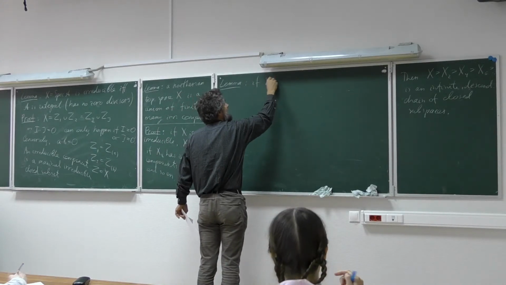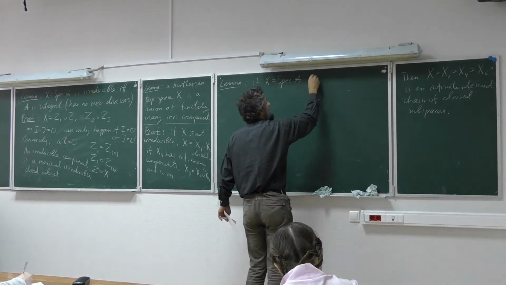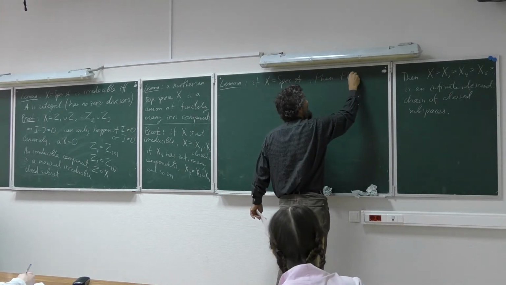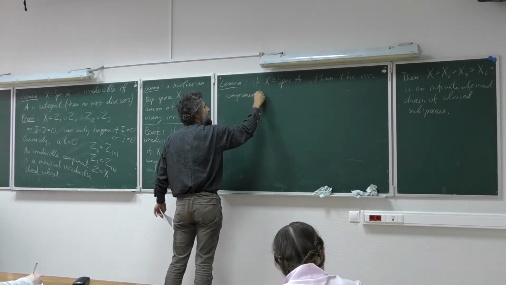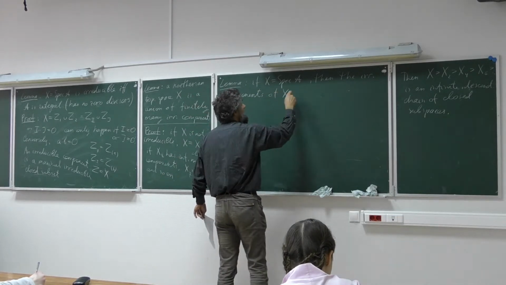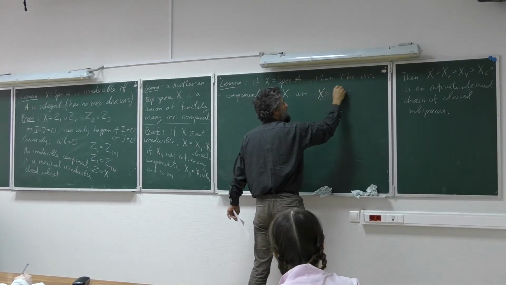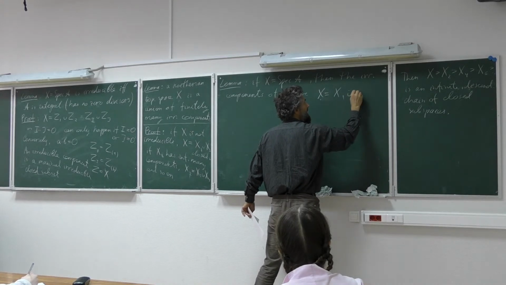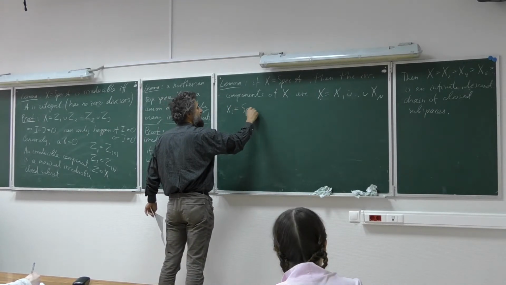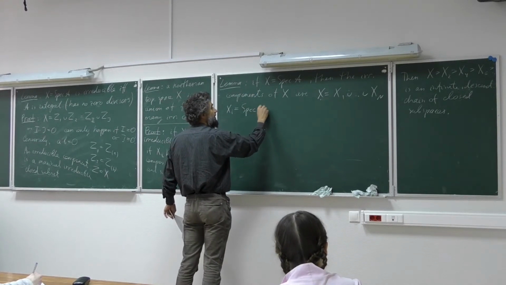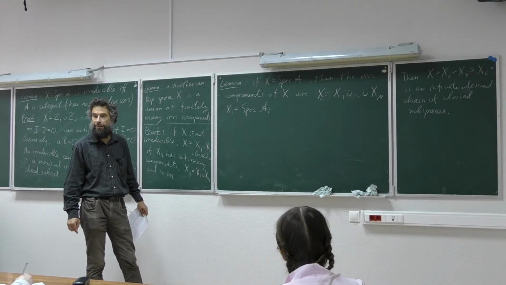So if X is the spectrum of A, an affine algebraic variety, then the irreducible components of X are, well, let's see, X equals X1 and so on, XN, and each Xi is also an affine algebraic variety because it's closed in X. So who are those rings Ai?